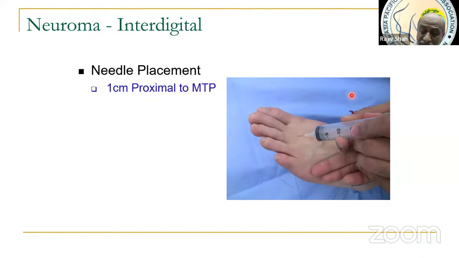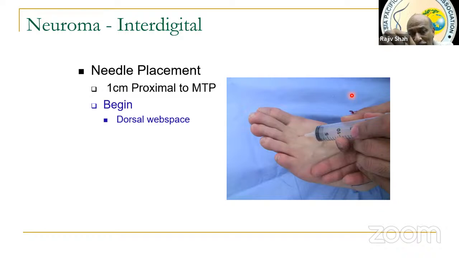Put in your needle, and this needle should go right from the dorsal web space up to the plantar aspect of your skin. While you are putting your syringe and needle down with one hand, with the other hand you are palpating the plantar skin.